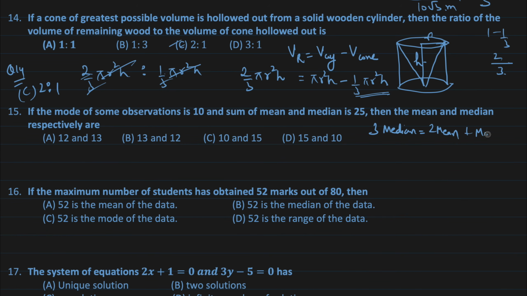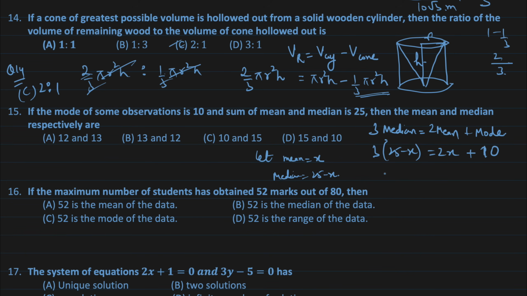That's the formula. So let's say I consider the mean as x. Let the mean be x here. So the sum of median and mean is how much? 25, right? So the median will be 25 minus x.